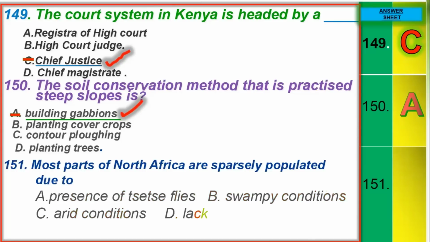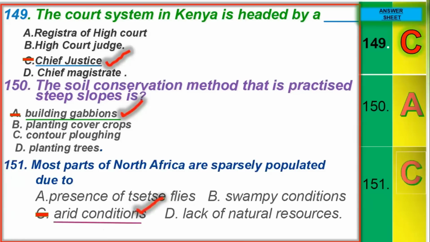Question 151. Most parts of North Africa are sparsely populated due to what? The correct answer should be arid conditions.